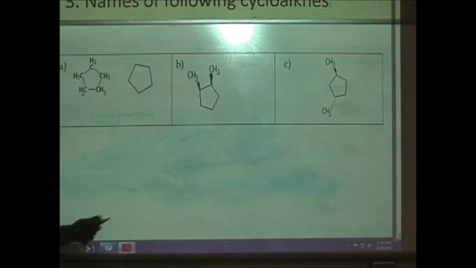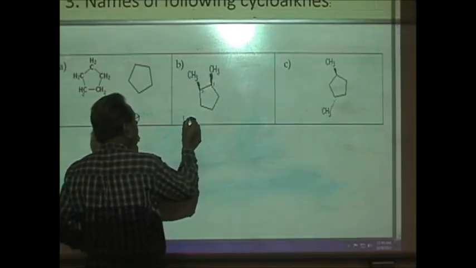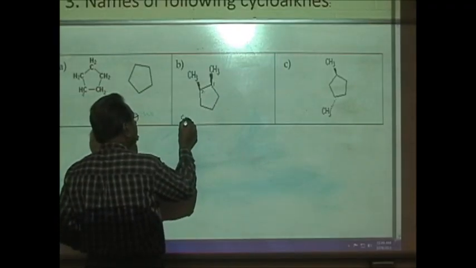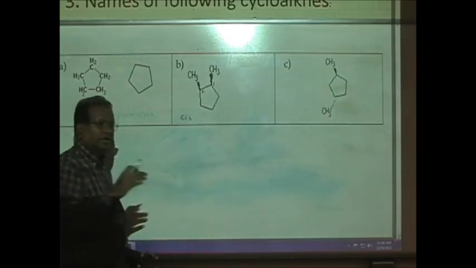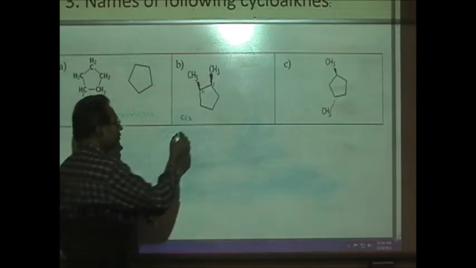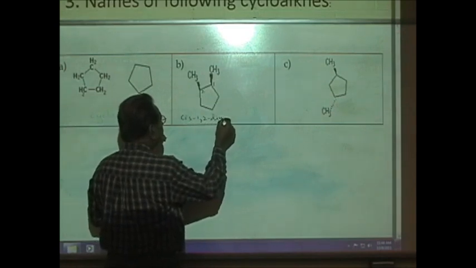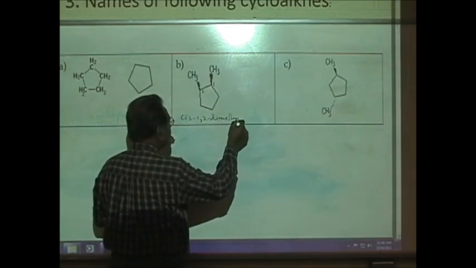Cis-1,2-dimethylcyclopentane. Okay, you have to label 1, 2. Cis: the geometrical isomer is always written in front of the name, like D and L for optical isomers. 1,2-dimethyl. What is the rest?